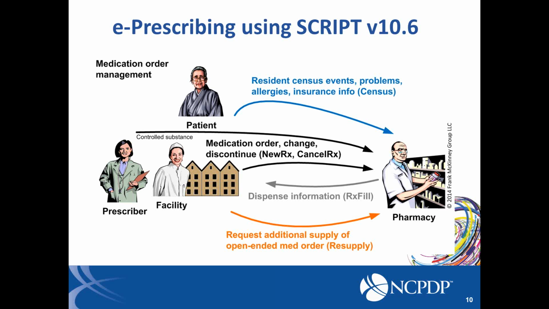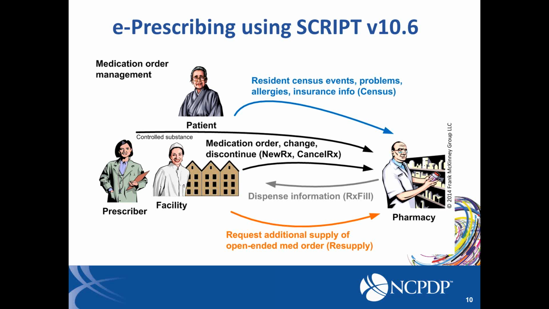And then for non-controlled substances, the message will most likely originate within the care facility, and those could be new orders, a change of an order, or a discontinuation of an order. And the specific SCRIPT messages would be NewRx and CancelRx.